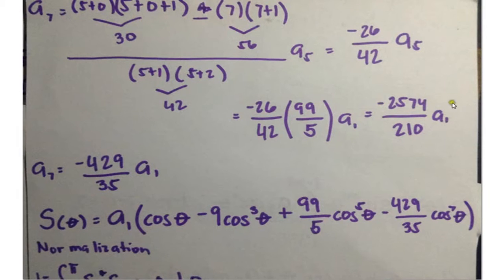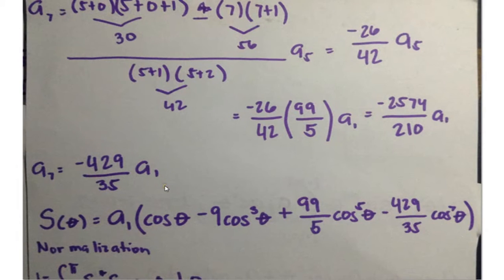Some calculators do not have that, so I also recommend that you have a software that will show the decimal value and also the fraction value. And so for this value, simplifying it, we will get negative 429 over 35 times a1.